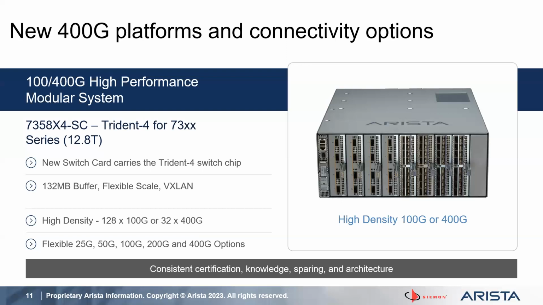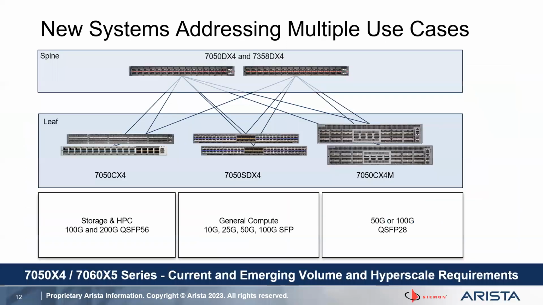So now we're going to switch gears and talk a little bit about the transceiver form factors, as well as what you will need to build these networks. This slide shows you that, of course, today we build 25 gig in the top of rack with 100 gig in the spine.